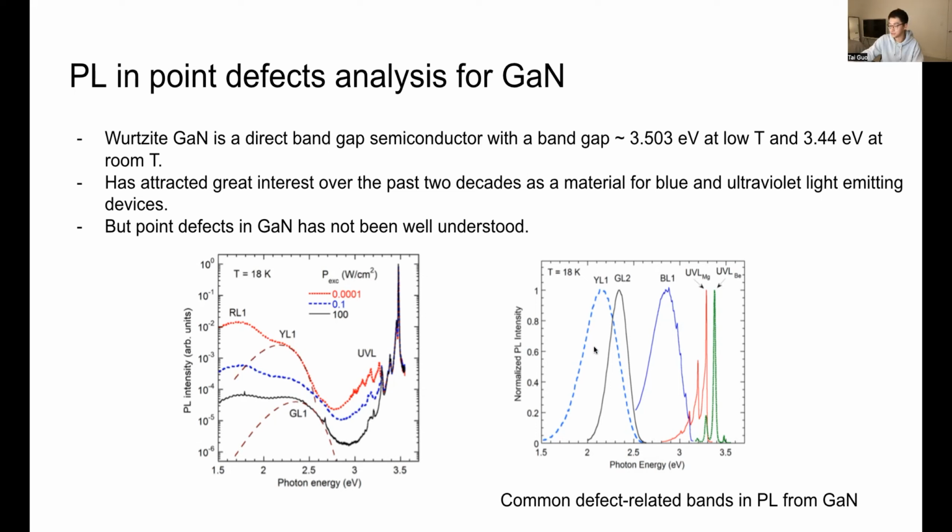So just by simply looking at those spectra from photoluminescence, we could get a general idea about what types of defects could be in the system.